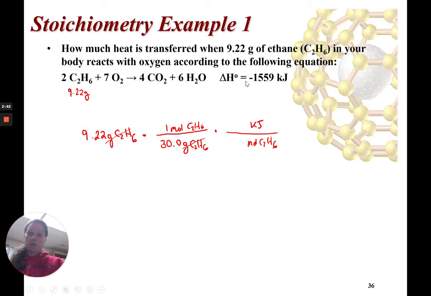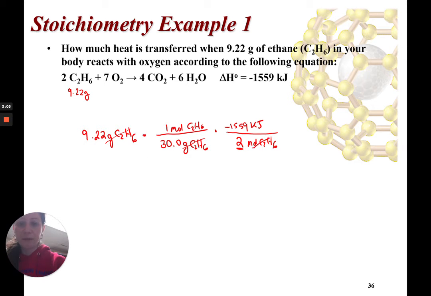So I know that negative 1,559 kilojoules of energy are transferred when I have 2 moles of ethane. So I will put negative 1,559 kilojoules of energy for 2 moles of ethane. And again, that 2 comes from the equation.